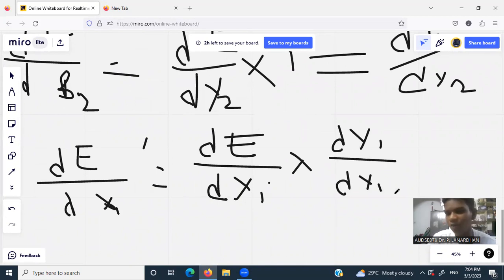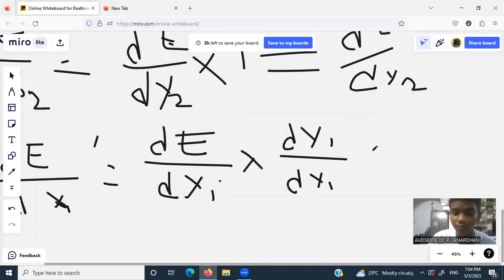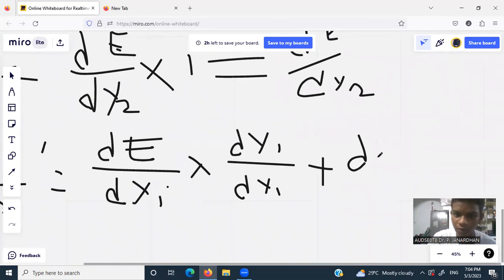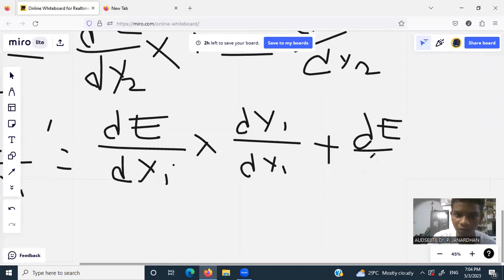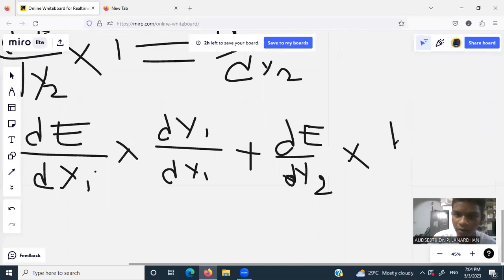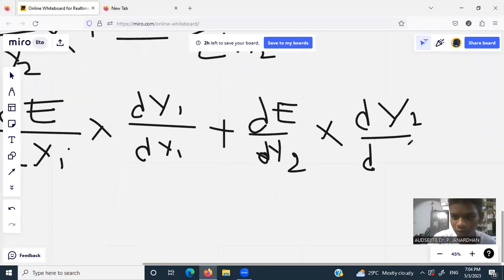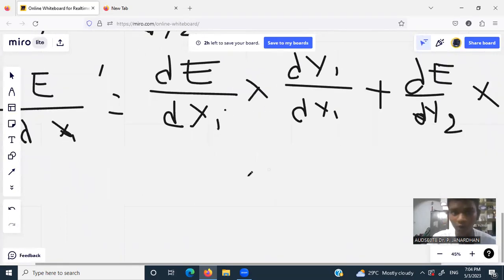Then we are going to add that with the derivative of error with respect to y2 multiplied by dy2 by dx1, and then we are going to do the same for the next neuron also.